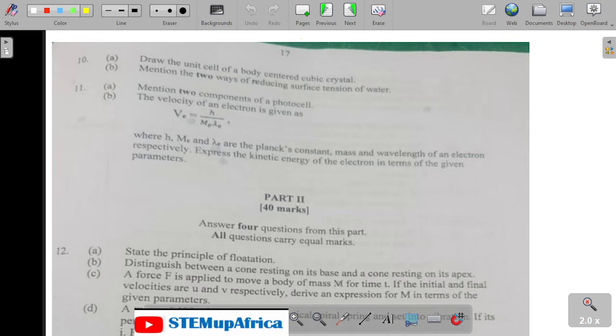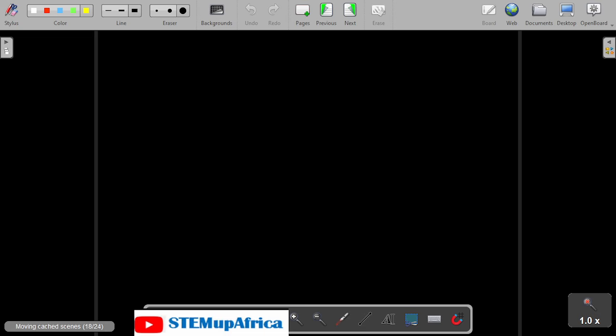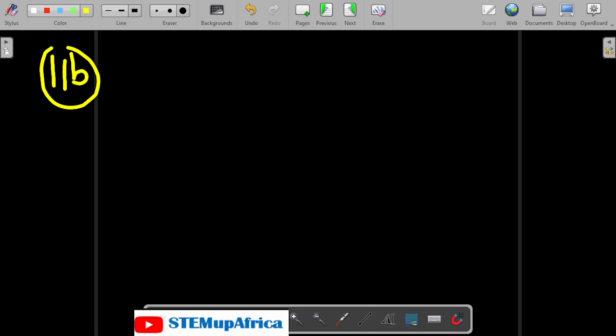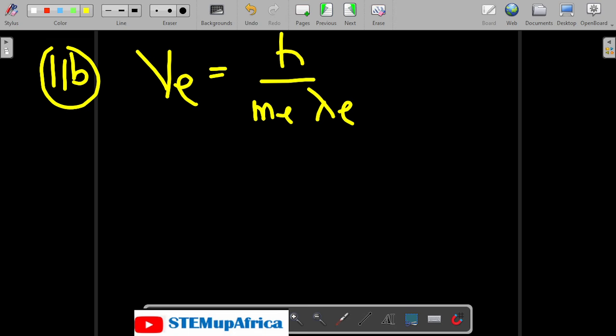Question 11B says the velocity of an electron is given by this, where h, me, and lambda are the Planck constant, mass, and the wavelength of the electron respectively. Express the kinetic energy of the electron in terms of the given parameters. They gave us the velocity of the electron as h over me lambda e.